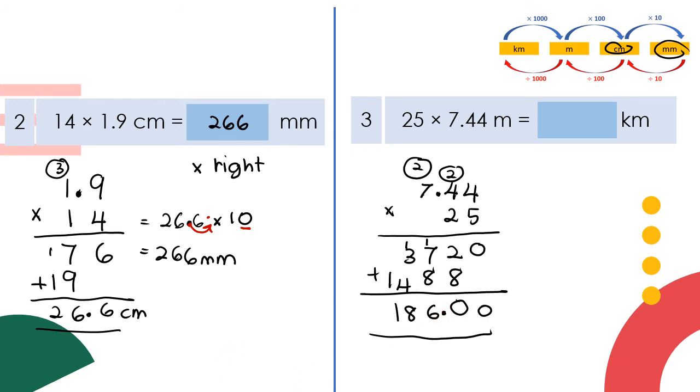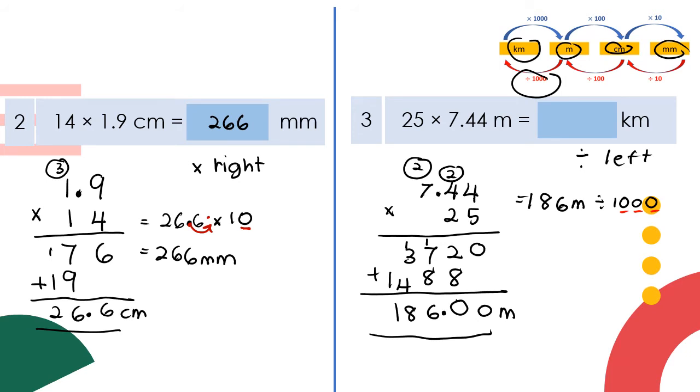Now this answer is in m. So we need to convert m to km. We need to divide by 1000. So 186 m divide 1000. Remember, if we divide, we need to move to the left. We have 3 zeros, so we need to move the decimal point 3 steps to the left.